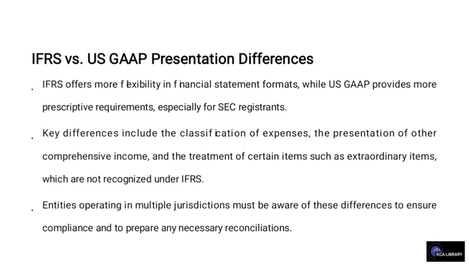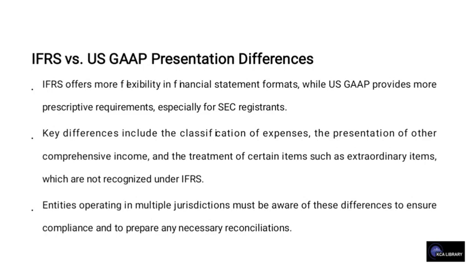And looking at the differences in the presentation of IFRS and GAAP, IFRS offers more flexibility in financial statement format, while US GAAP provides more prescriptive requirements, especially for SEC registrants.